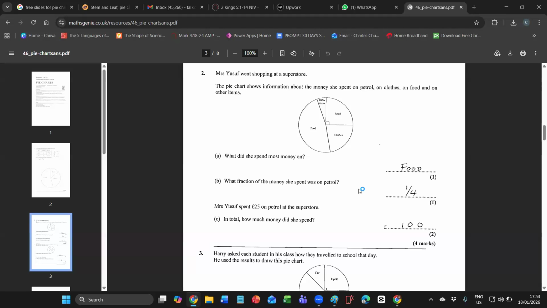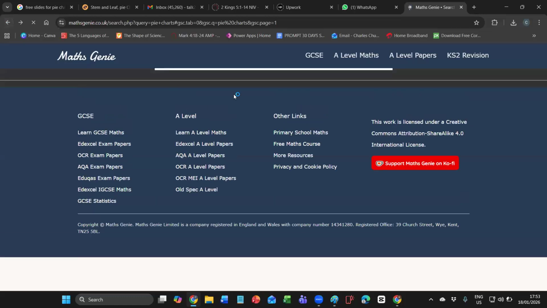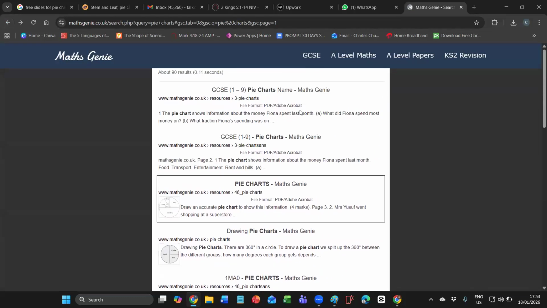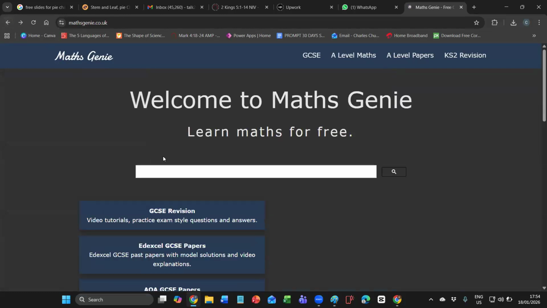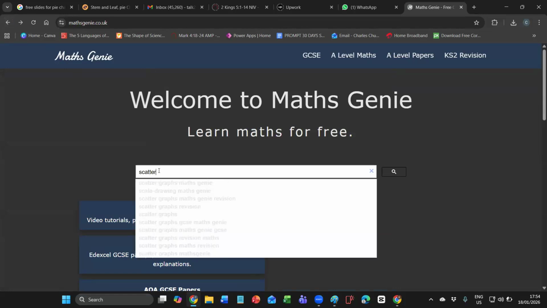Okay. So you want us to take a look at scatter graphs, right? I'm not sure, I actually saw scatter graphs on this one, but I think I saw something like that where I did a search. So let's do that search for scatter graph.